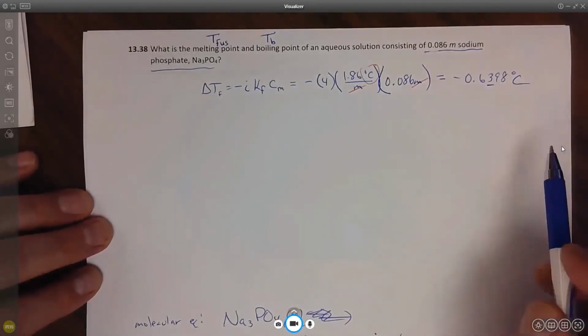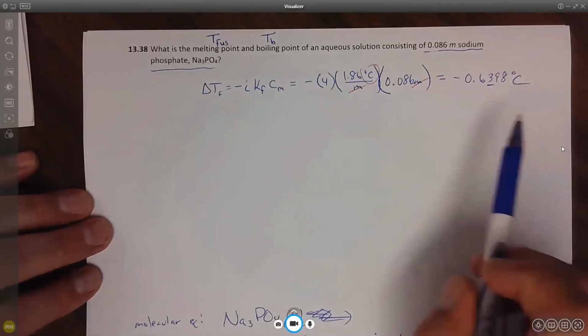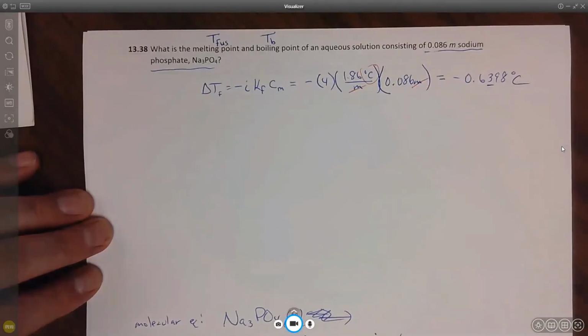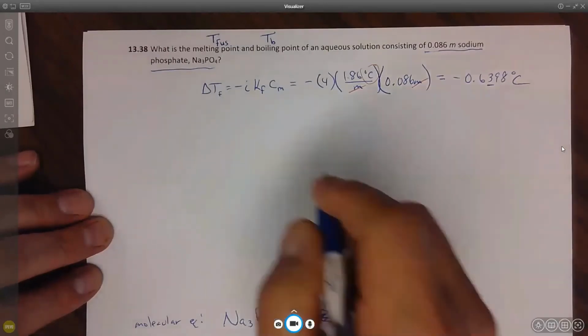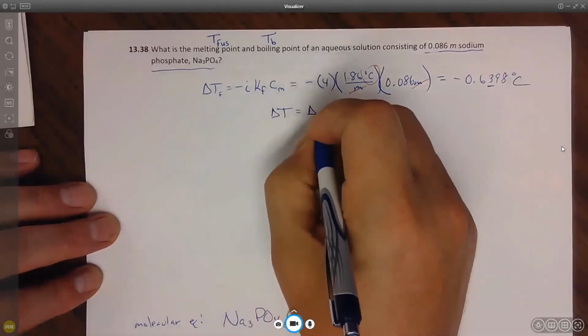Now, Caitlin, what is the freezing point then of this 0.086 mol sodium phosphate solution? Because you would have to subtract it from 0, it would stay basically the same at negative 0.64. Right, because we know that del T is equal to TF minus Ti.